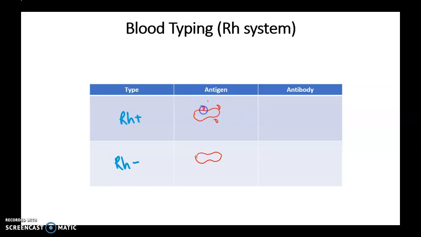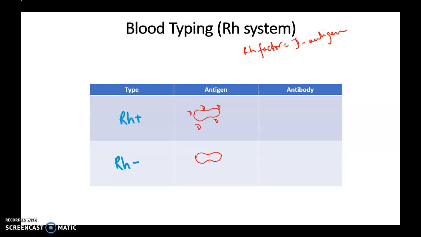The RH factor is also called D antigen. I'll just write it here. RH factor is also called D antigen. Okay, so this person will have D antigen on the surface of RBC. A person who is RH negative will not have any D antigen on the surface of RBC.